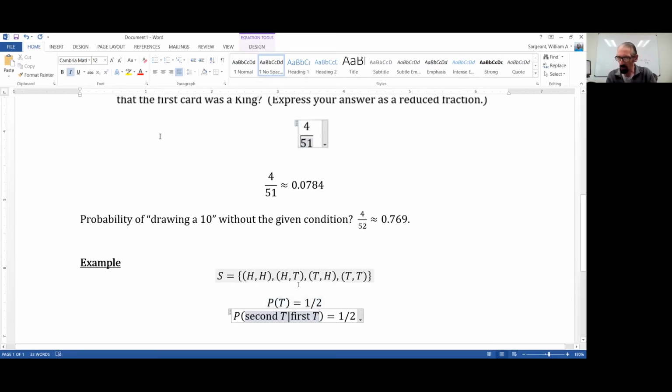And again, just to make this go more quickly, rather than using the formula, I'm going to restrict the sample space to look at these two outcomes where the first was a tail. And of those, there are 2 of them, and one of them has the second one being a tail also. So that hasn't changed.